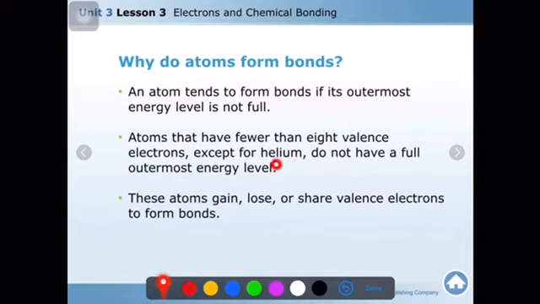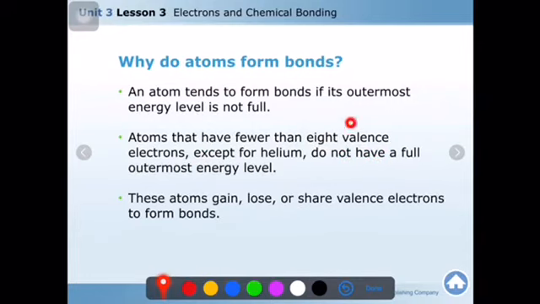That's why it is not necessary for helium to react. And it is not necessary to make it 8 as well, because in the first level the atom needs just 2 electrons. Atoms without 8 valence electrons do not have a full outermost energy level.